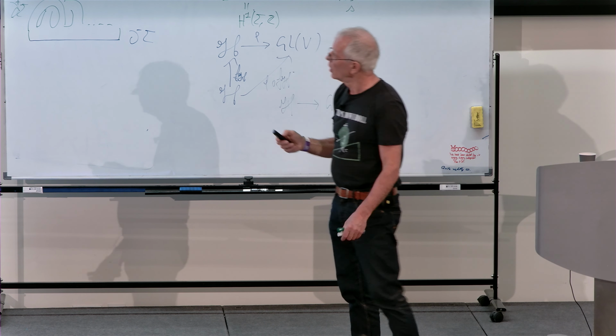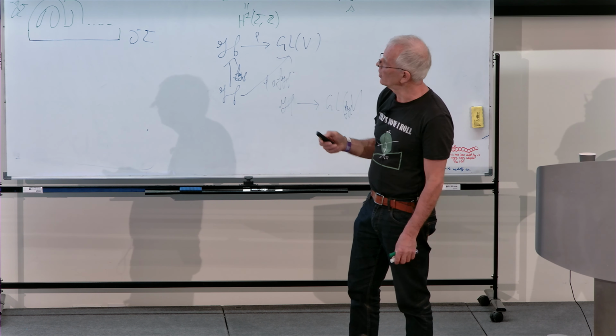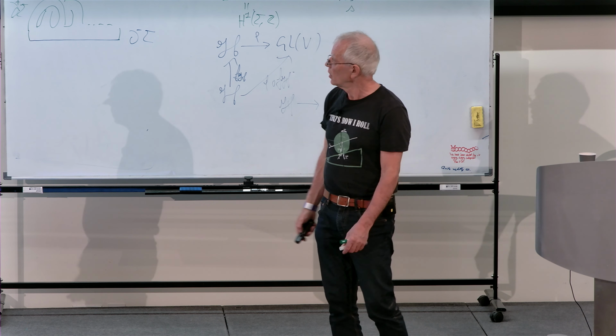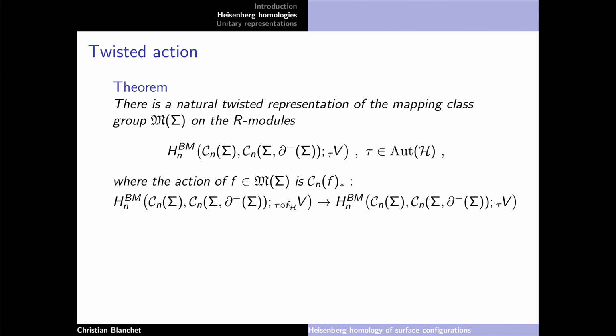Now, what about the mapping class group? So just from scratch, from functoriality, we get a twisted representation of the mapping class group on the R modules, which are given by those homologies. We know that these are free R modules.